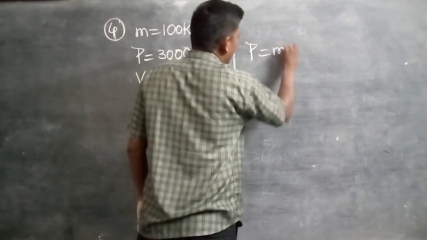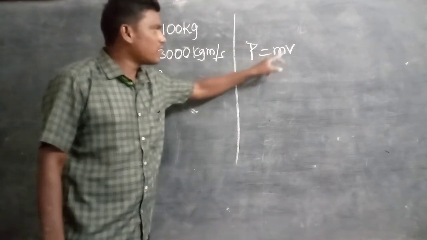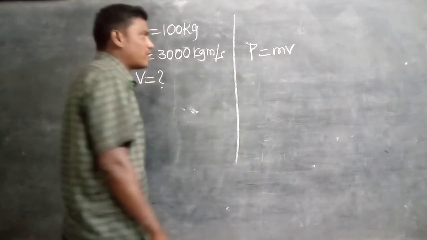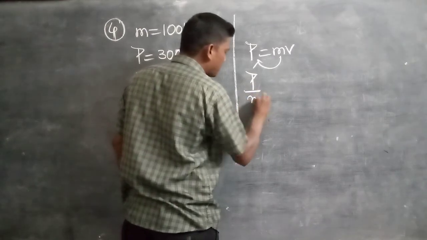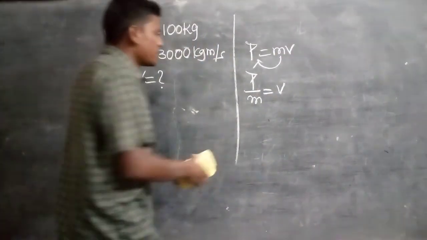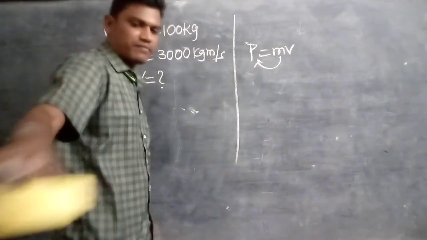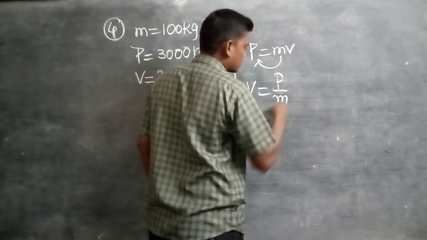P is equals to mv. But here P value given, M value given, we find which value? V value. Now here the M value transfers to this side. P upon M is equals to V. So I will simply write like this: V is equals to P upon M.